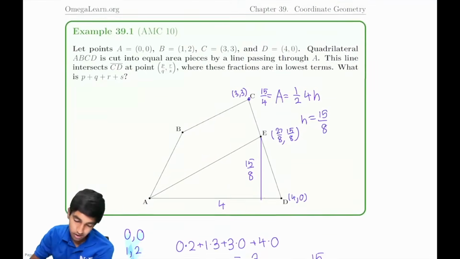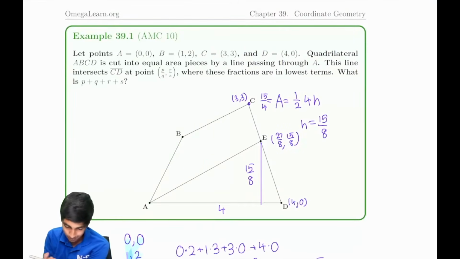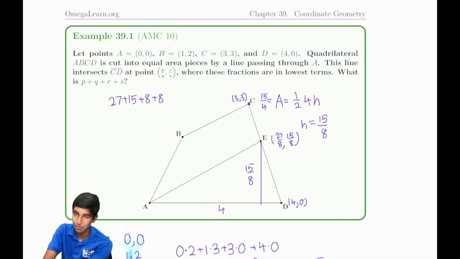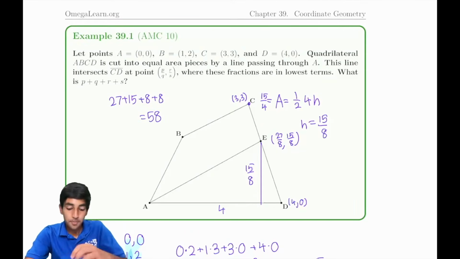Okay, so now it's pretty simple from here. We can do addition. 27 plus 15 plus 8 plus 8 is, well, 27 plus 15 is 42, plus 8 plus 8. That's 58. So our answer is 58 for this problem.